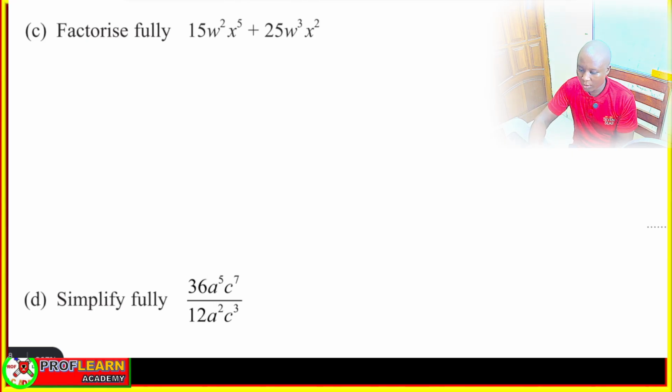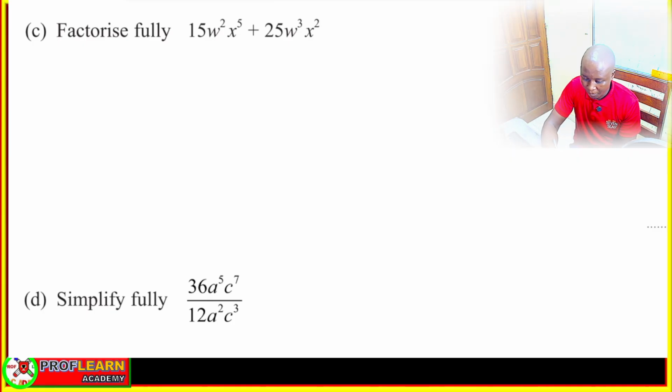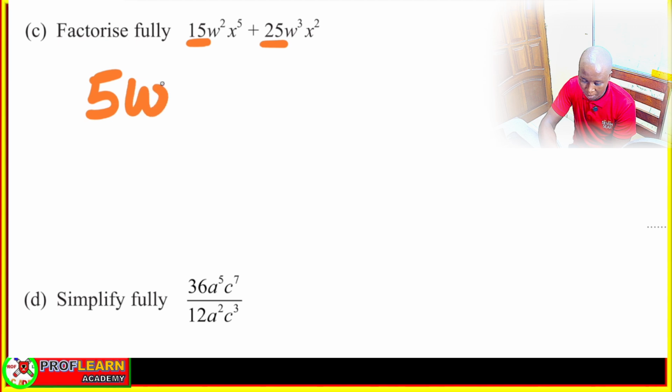If you are told to simplify such an expression, or to factorize, something that you really need to remember here is that you are going to look at terms which are common inside. Here in 5 and 15 and 25, we have 5 being common. W power 2, W power 3, we take W power 2 out, and the X power 5 and the X power 2, we take the smaller power, so that we shall have X power 2.